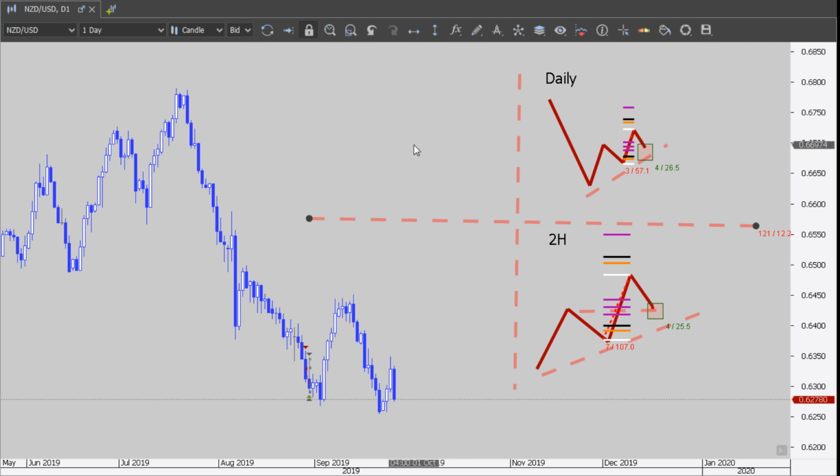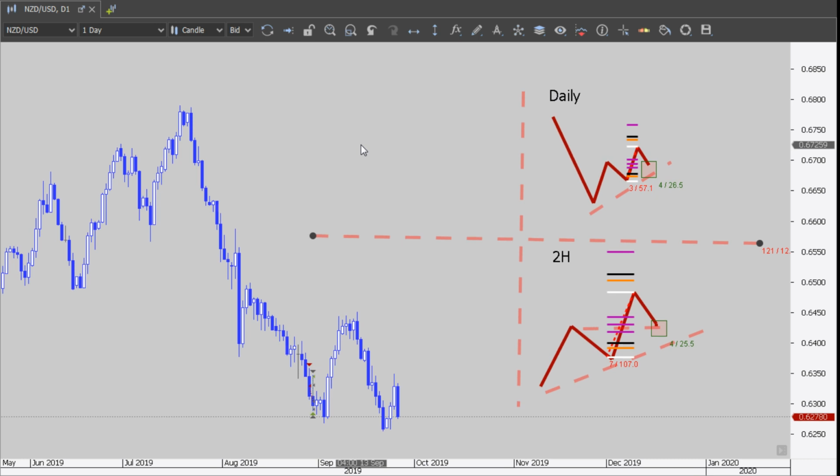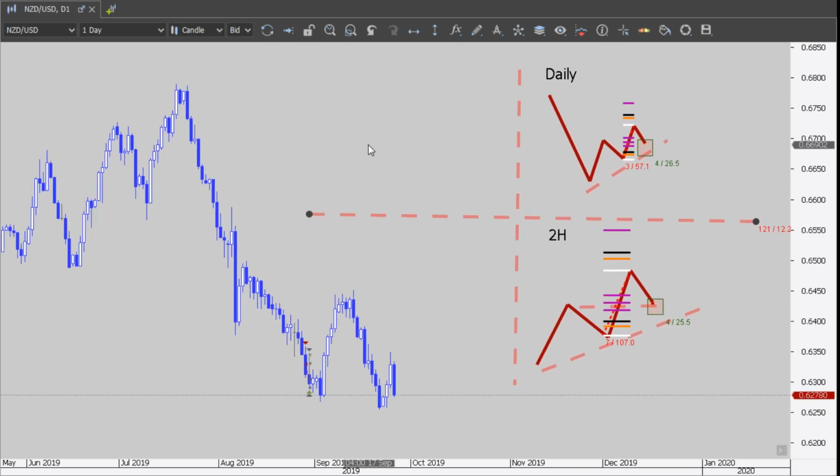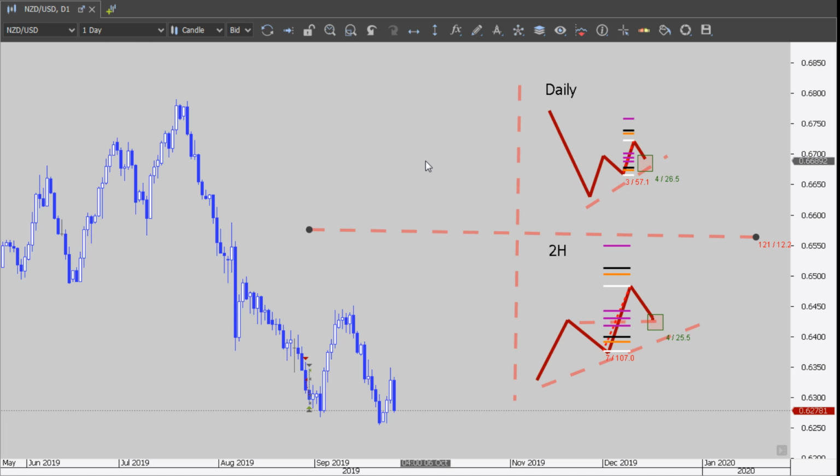But one thing is for sure: you need to explain the how and the why and the when. This is independent, it doesn't matter if you're a scalper or not. This applies to all trading styles.